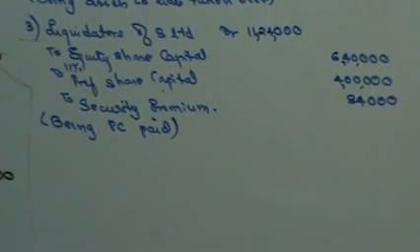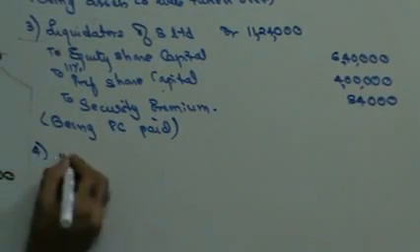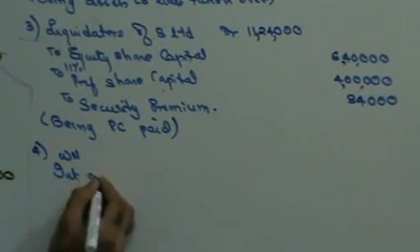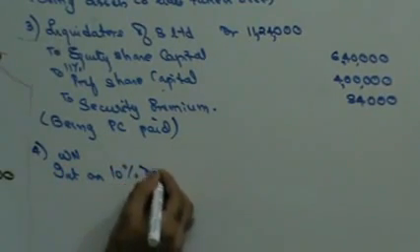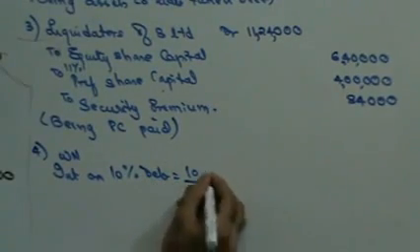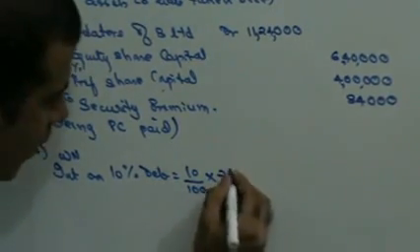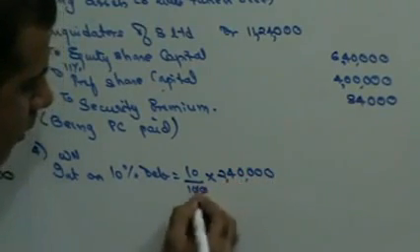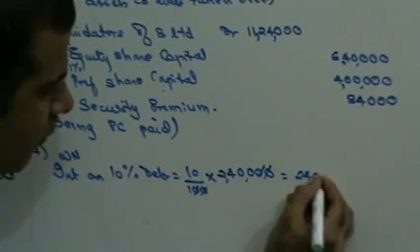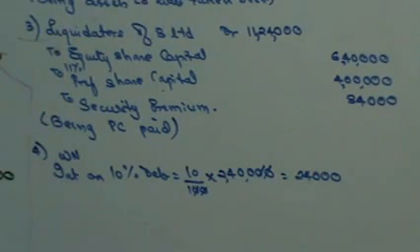Next, they are saying that subsequent to the absorption, 10% debenture holders of B Limited are to be discharged by A Limited by such number of 15% debentures at 100 so as to maintain the same amount of interest. Working note: interest on 10% debentures. The value of the debenture was 2,40,000, so interest is 24,000. Now I want that same interest on my 15% debentures also.